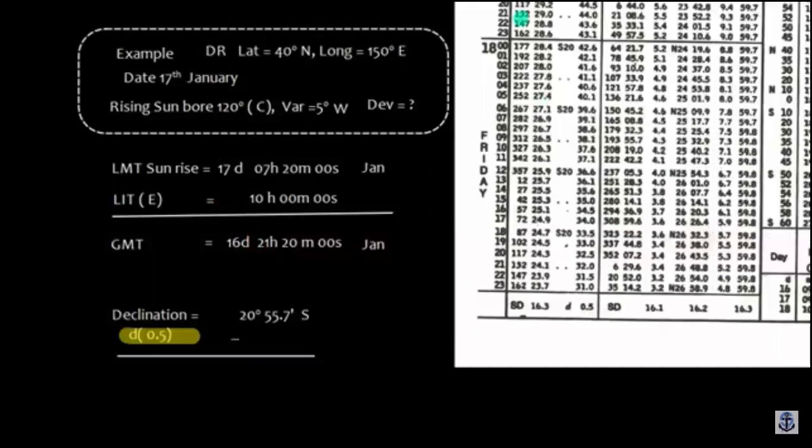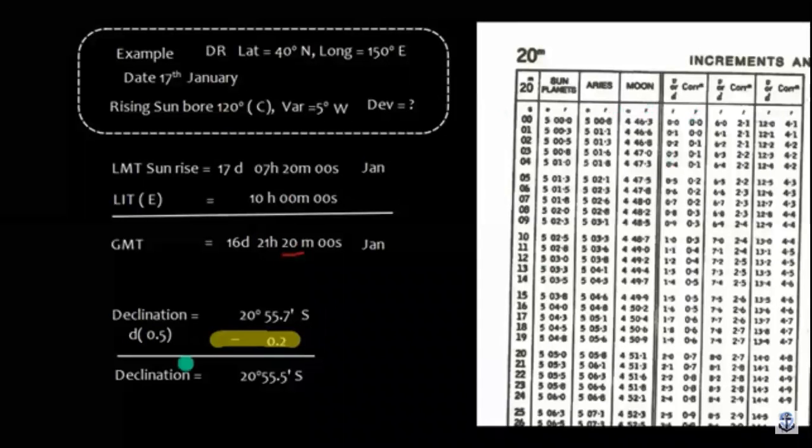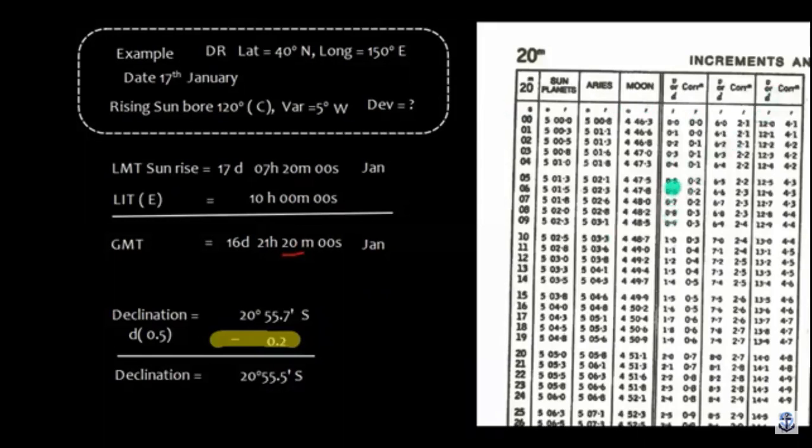Then we need to take the d correction. You have d of 0.5, and declination is decreasing, so we choose the minus sign. From the increments table, for 20 minutes and d 0.5, the correction is 0.2. So declination is 20 degrees 55.5 south.